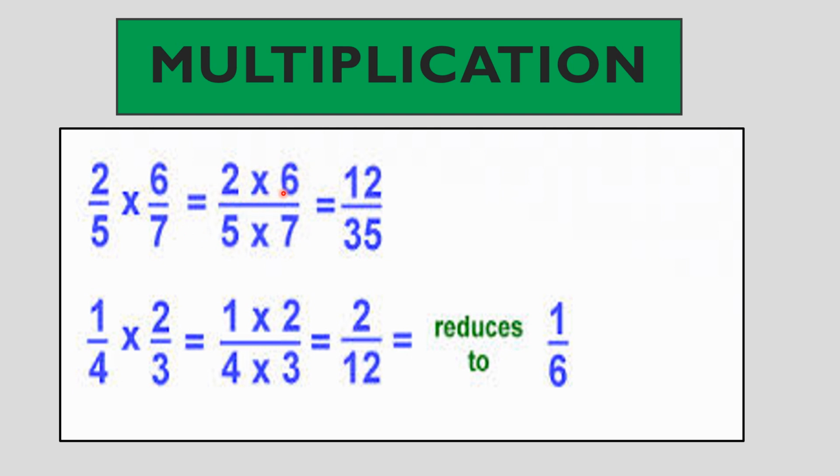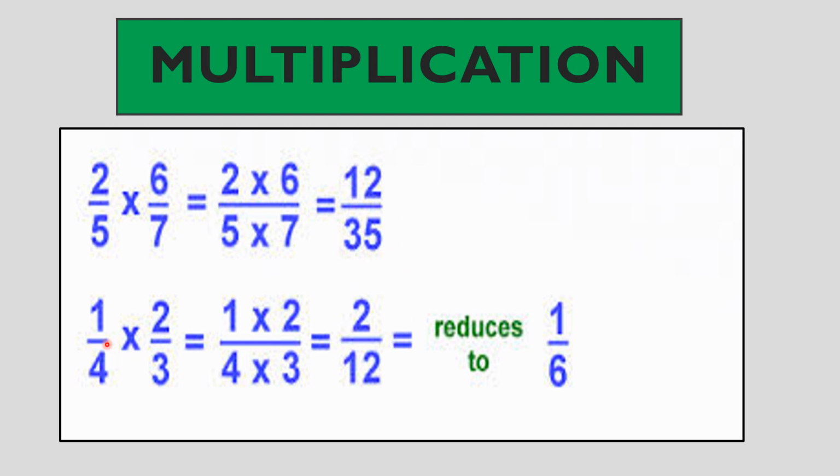So 2 into 6, 12, and 5 into 7, 35. In 12 by 35, only 1 can divide both numbers, and other than 1, no other number can divide 12 and 35. So the answer is 12 by 35.